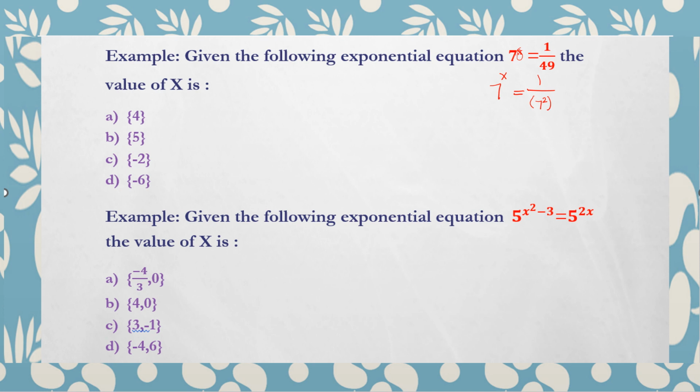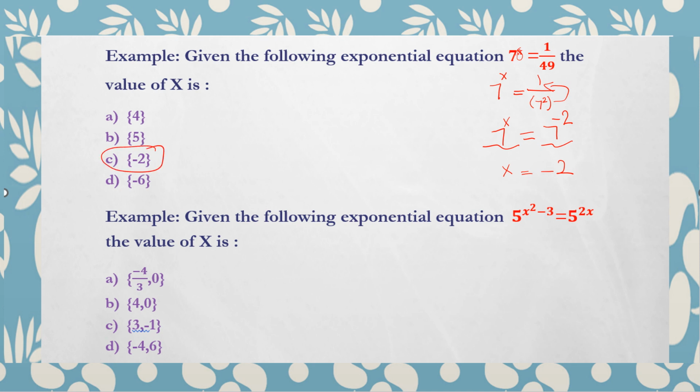But 7 power 2 is in the denominator, and we want to raise this into the numerator, so we give the exponent of the 7 a negative sign, and this gives 7 power x equals 7 power minus 2. When we have the same base, then the exponents are equal, so x equals minus 2. So the correct answer is C.